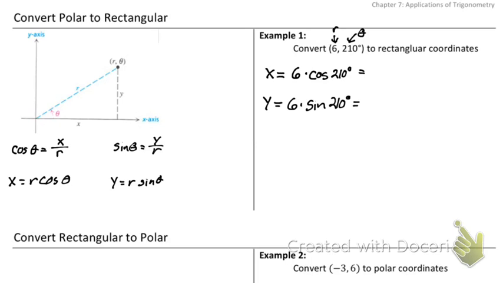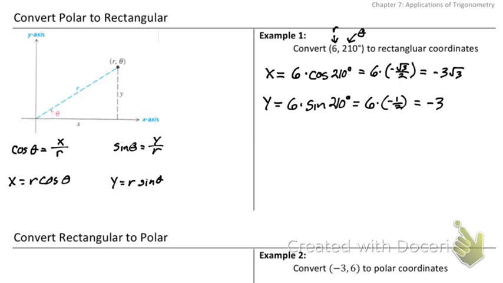Well, it turns out that 210 degrees is on our unit circle. And on our unit circle, cosine of 210 degrees is negative square root of 3 over 2, so 6 times negative square root of 3 over 2. And sine of 210 is actually negative 1/2. So I'll have 6 times a negative 1/2. Well, my x value is going to be negative 3 square root of 3. And my y value is just going to be negative 3.